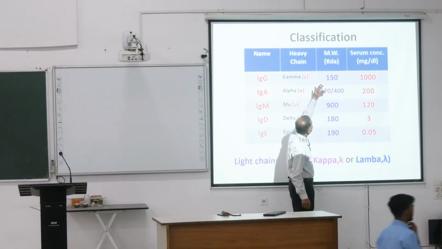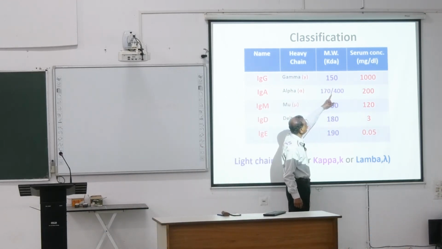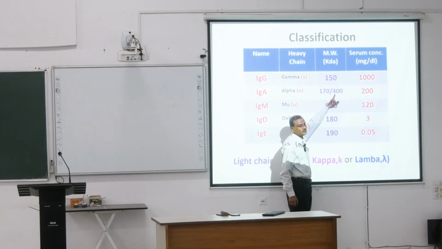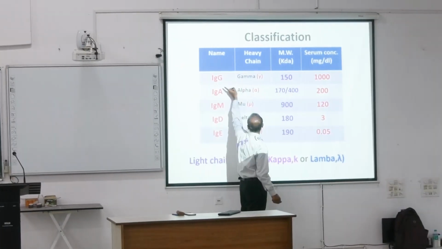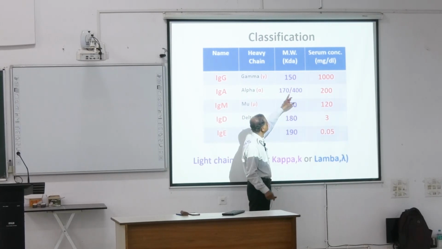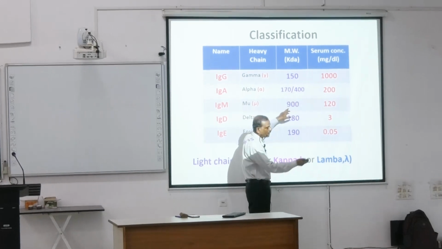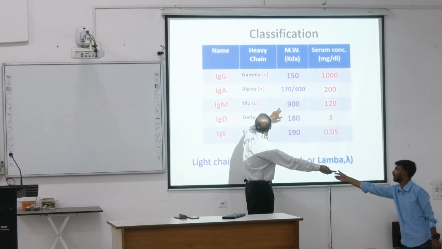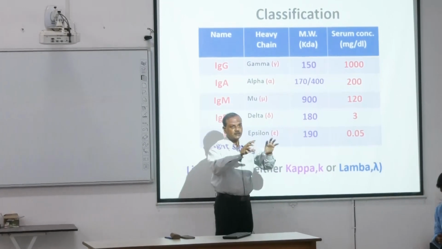So why is it 400? Because two molecules of that monomeric unit are joined together with a joining chain. That's the reason why the molecular weight is 400. And IgM, I told you, is a pentamer.